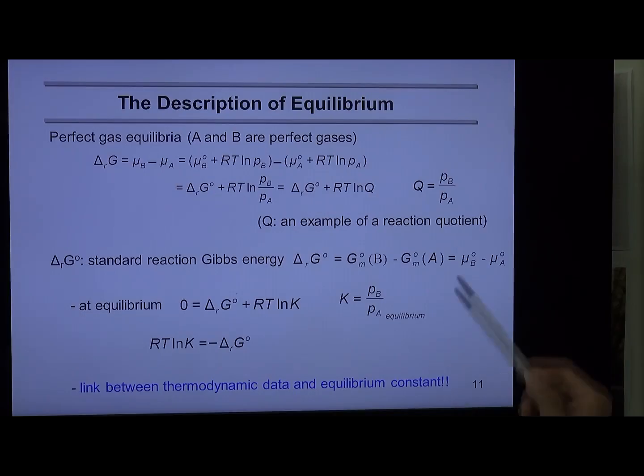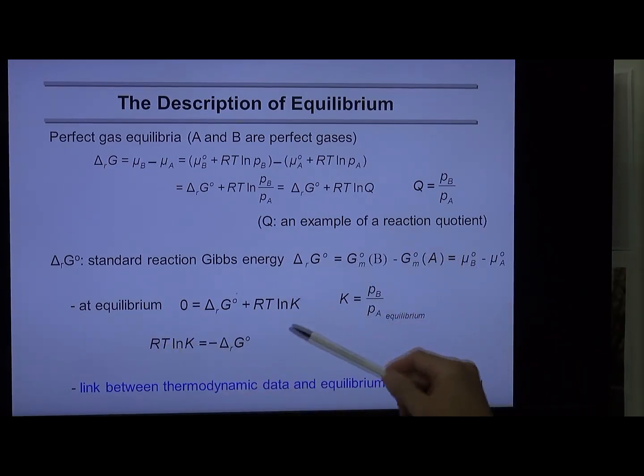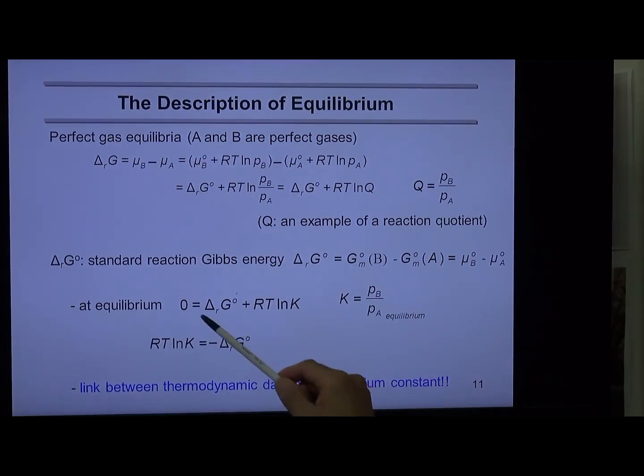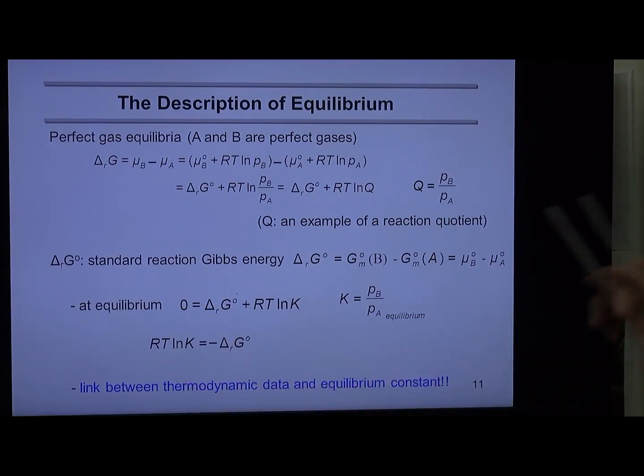Which is basically the reaction quotient at equilibrium. Same meaning, but K represents the reaction quotient at equilibrium. So ΔrG° plus RT ln K is equal to 0. If you rearrange this, we get this expression: RT ln K is minus ΔrG°.